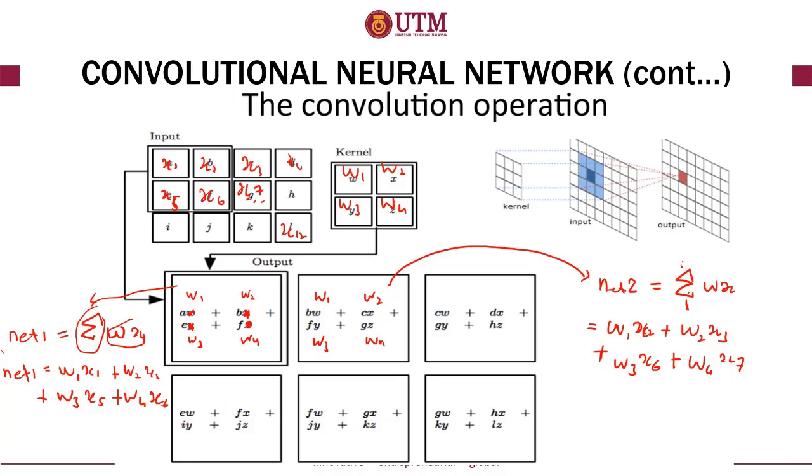So I think for those who learn image processing, the convolutional process seems like this, meaning that if you want to find this net or these pixels, because now this pixel is net, you multiply all this W with the input intensity values inside the image, then you get this one.